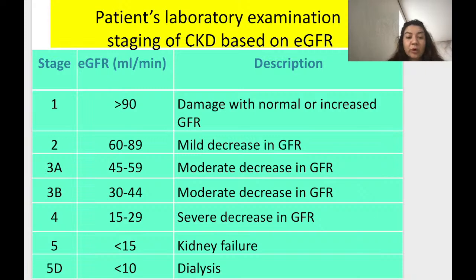Stage 4 of chronic kidney disease is a severe decrease in GFR. It goes with 15 to 29 milliliters per minute for eGFR. And stage 5 is kidney failure with eGFR less than 15, and it has substage 5D when GFR is less than 10, an emergent indication for dialysis.